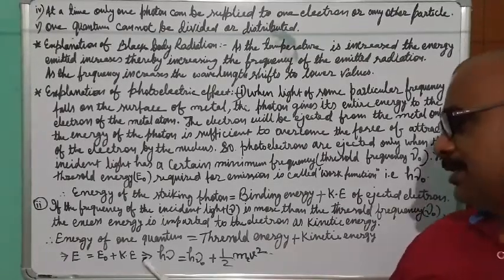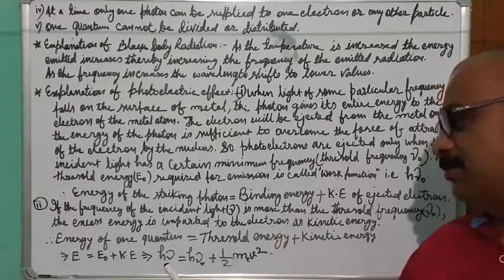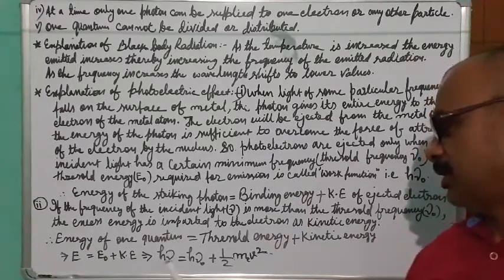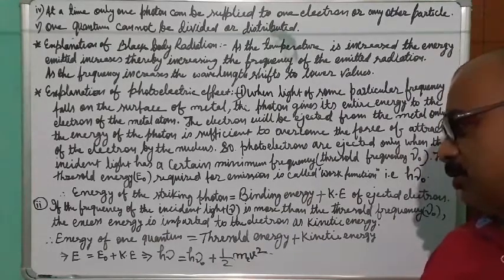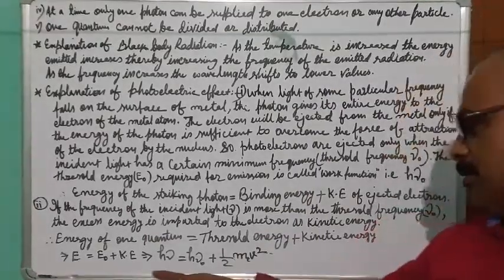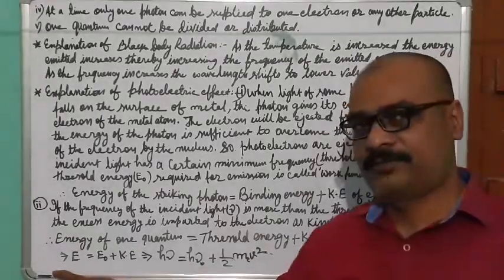So E is replaced with h nu, E naught is replaced with h nu naught, and KE is replaced with half m v square. So this is the mathematical relationship of the photoelectric effect.